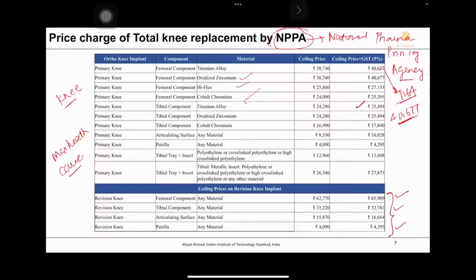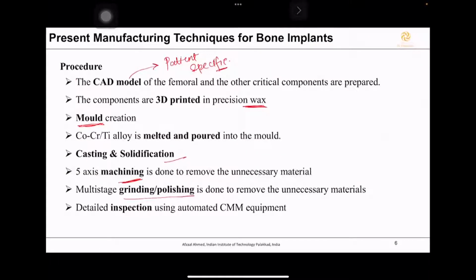So if you see the previous step, the fabrication process involves removing a lot of material. This involves removal of material. But in the case of additive manufacturing, we have near net shape.